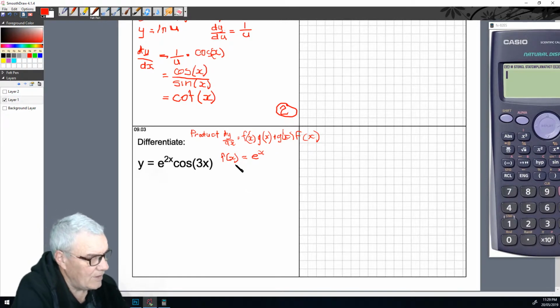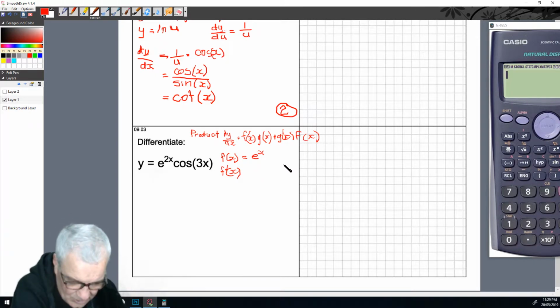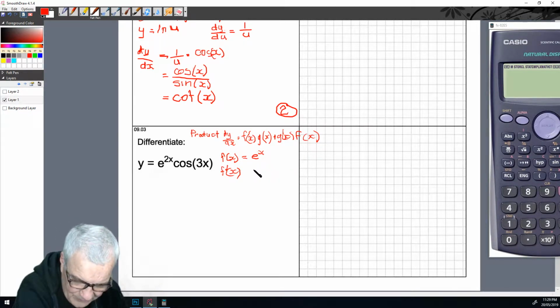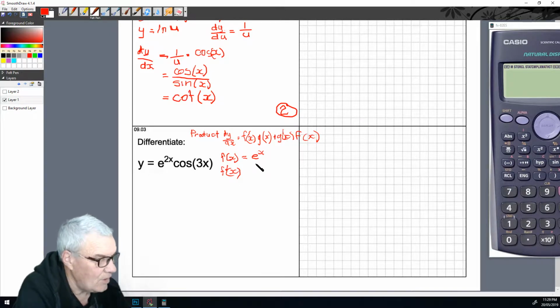Okay. And f dash x, the differentiation of f of x, equals e to the power of x. Oh, e to the power of 2x. Equals.